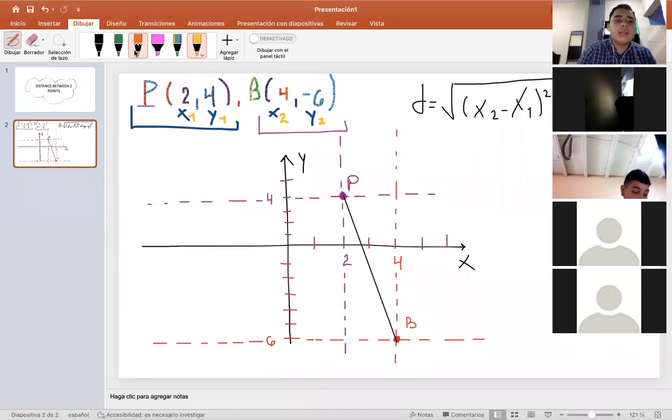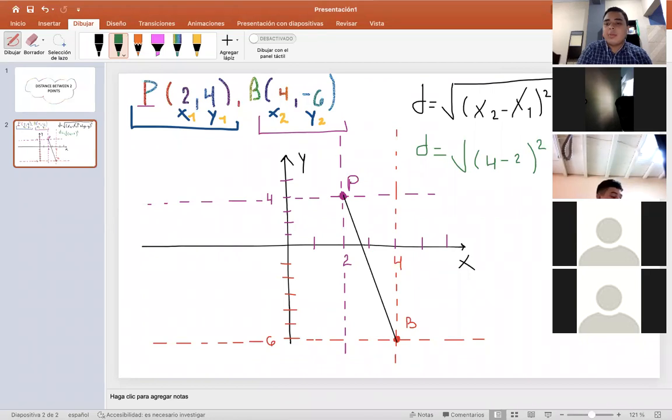Now, we only need to substitute in the formula. So we are going to set d is equal to, which one is x2? 4. 4 minus 2, we close parentheses, everything squared, plus, which one is y2? -6. Thank you, -6, minus, which one is y1? 4.